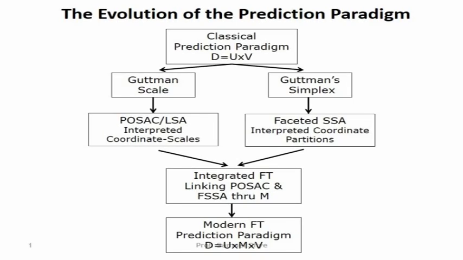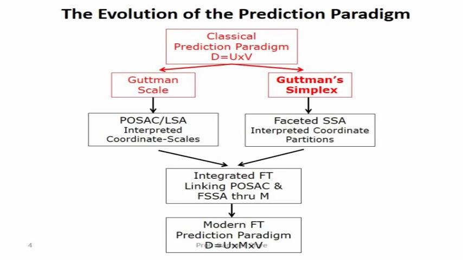Now, here is a graphical scheme of the evolution of the prediction paradigm. We start with the classical one, D equals U times V. And then this branches into Guttman's scale, where from a single score, you can predict the entire profile, the observations, if indeed Guttman's scale exists, is verified. And the other branch says Guttman's simplex. This is the arrangement of variables in space in one dimension.